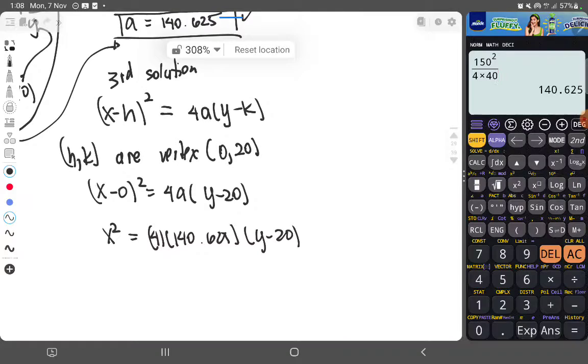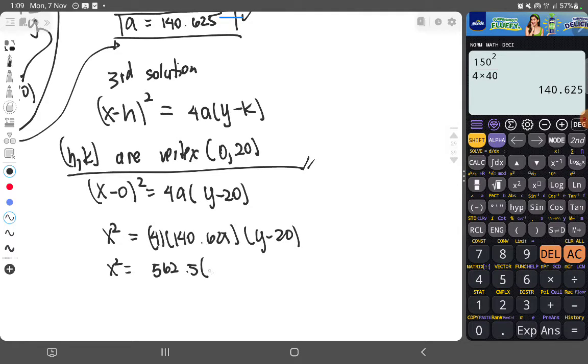So at vertex 0, 20, we'll have x square, which is equal to 4 multiplied by 140.625. So we'll have 562.5 multiplied by y minus 20.